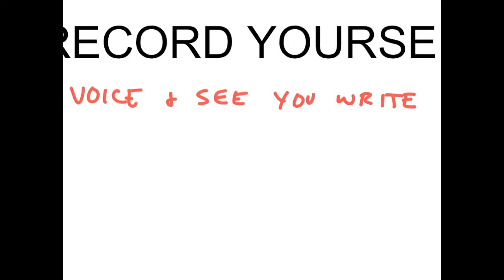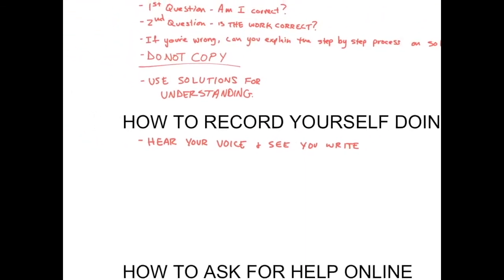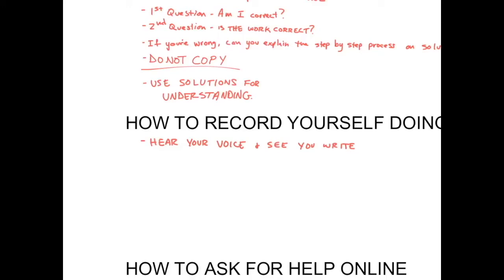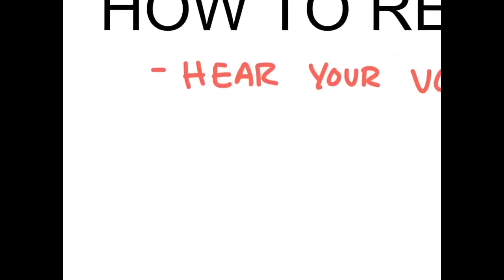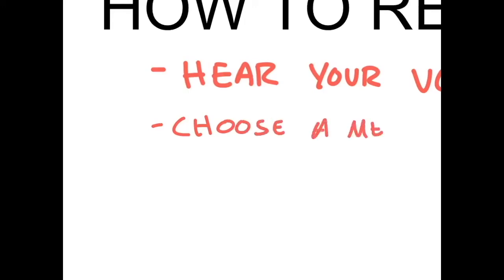I have to have that. This is a must. If I don't see what you're writing down as you're saying it, I can't grade that. I have to really see what you write and hear your voice. Now, in order to record yourself, you have to choose a method of recording that works for you, okay?